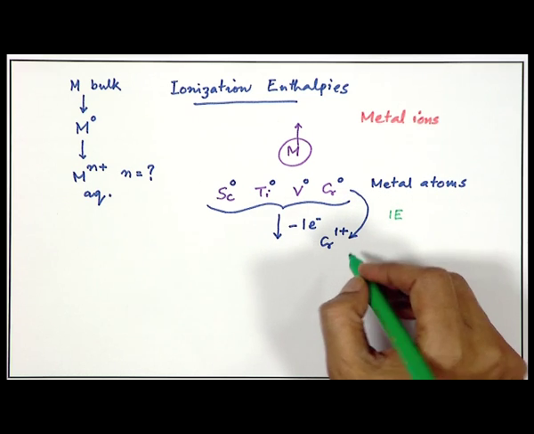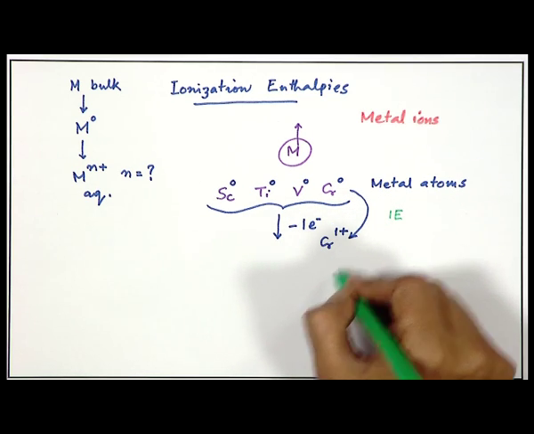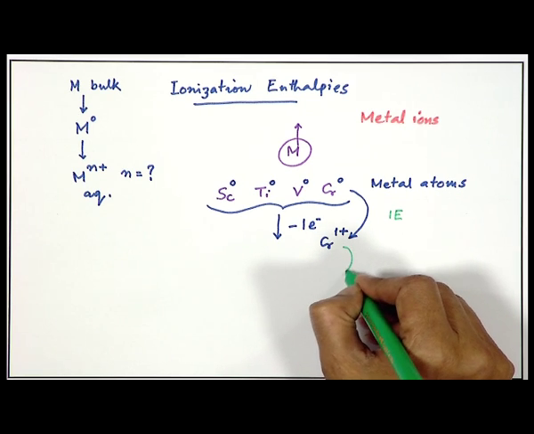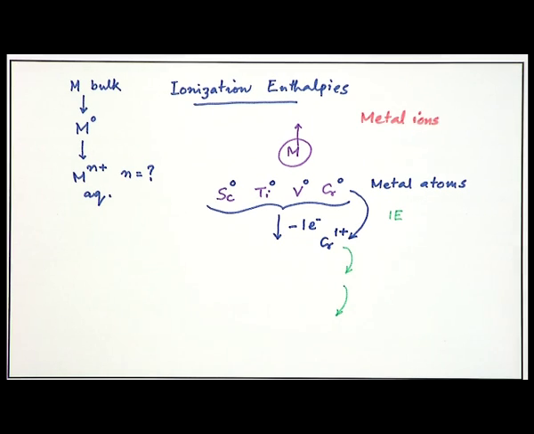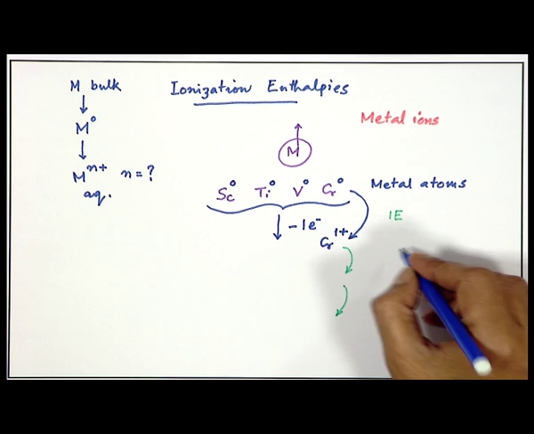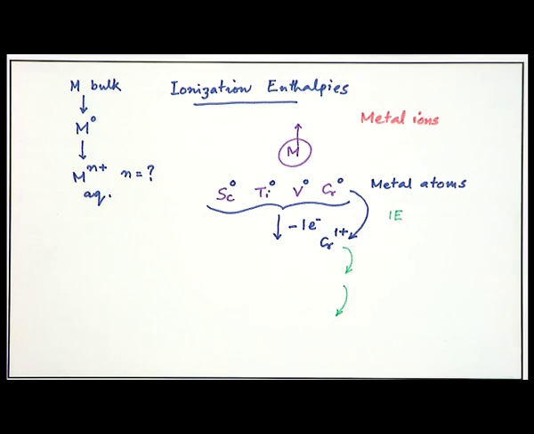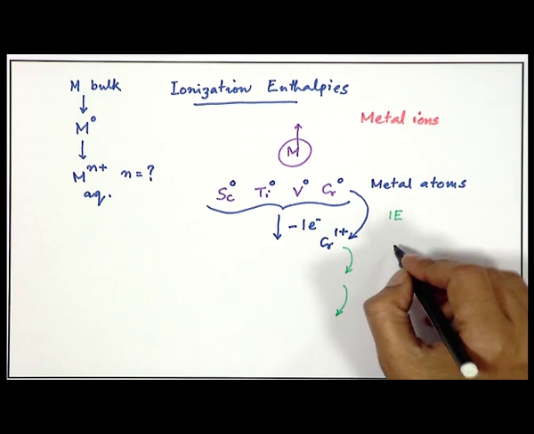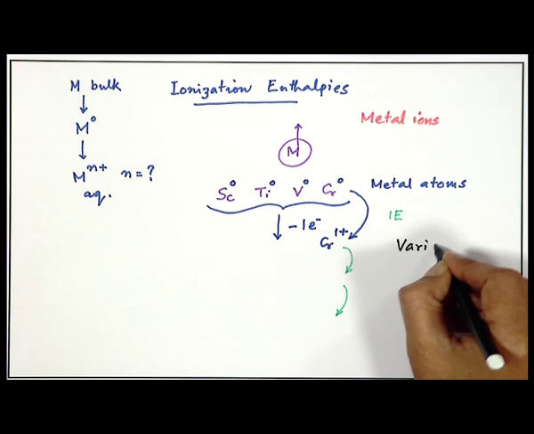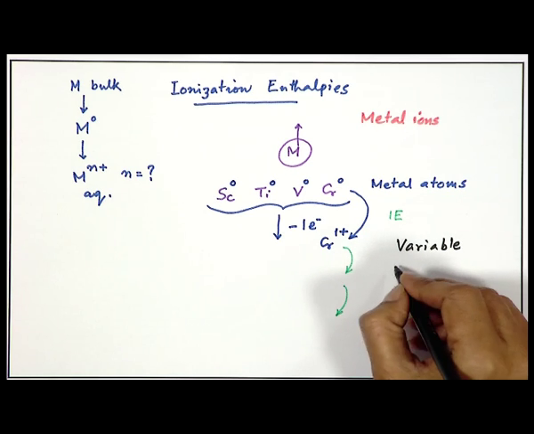Then the problem comes, or what we can compare: for all these transition elements we have already discussed that we can have variable oxidation states. So, one of the important criteria for all these species is that they have variable oxidation states. So, what does it mean?